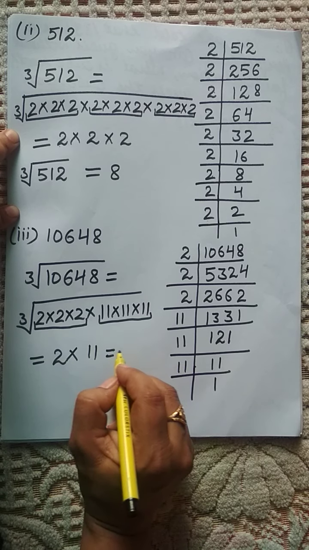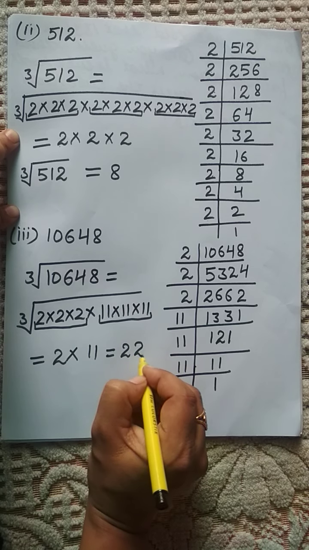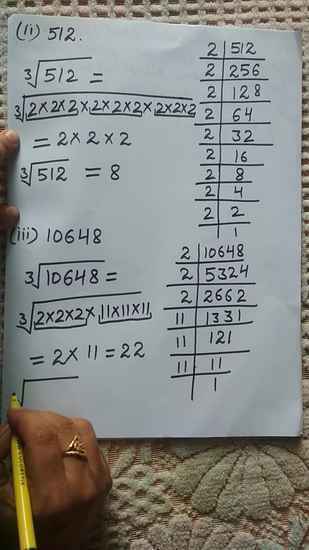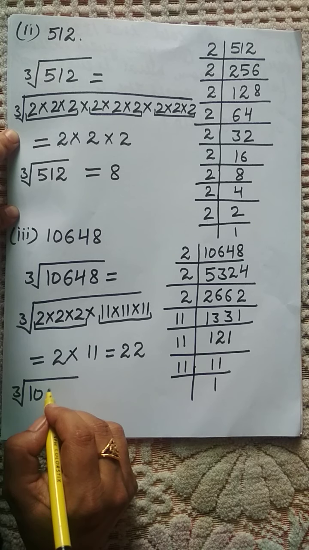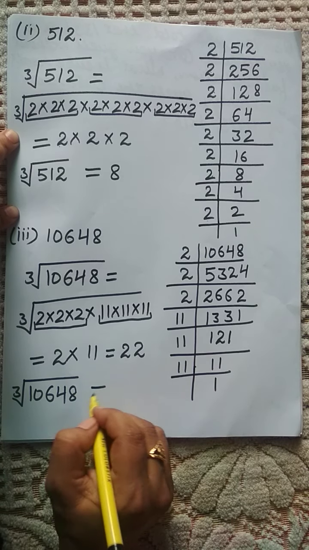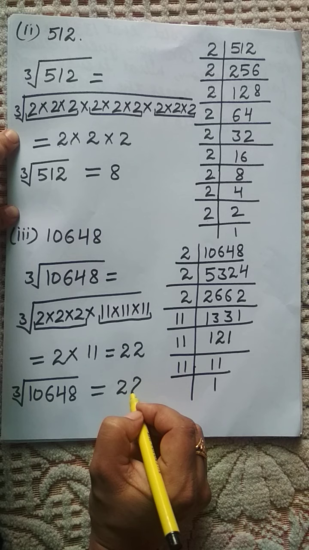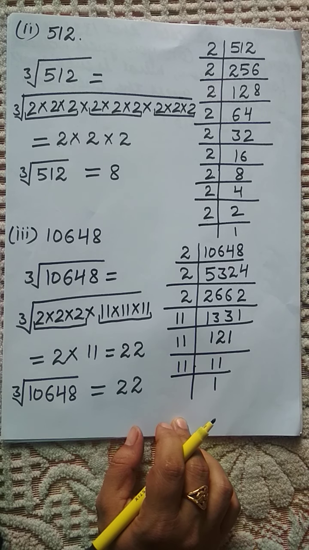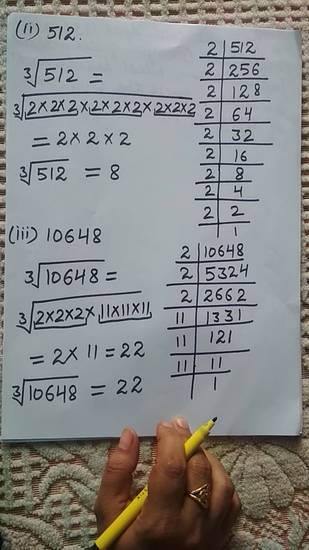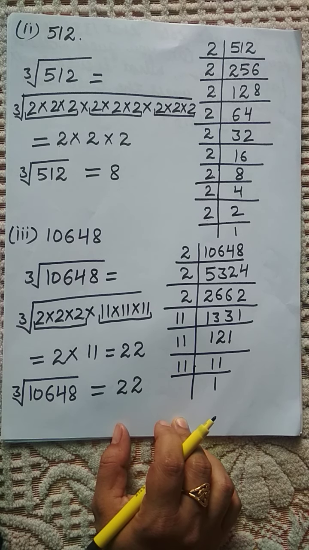So the answer is 11 2's are 22, or you can say that the cube root of 10648 is equal to 22, which is the right answer. In this way you can find the cube roots of the given numbers by using the method of prime factorization. This is so simple, students.